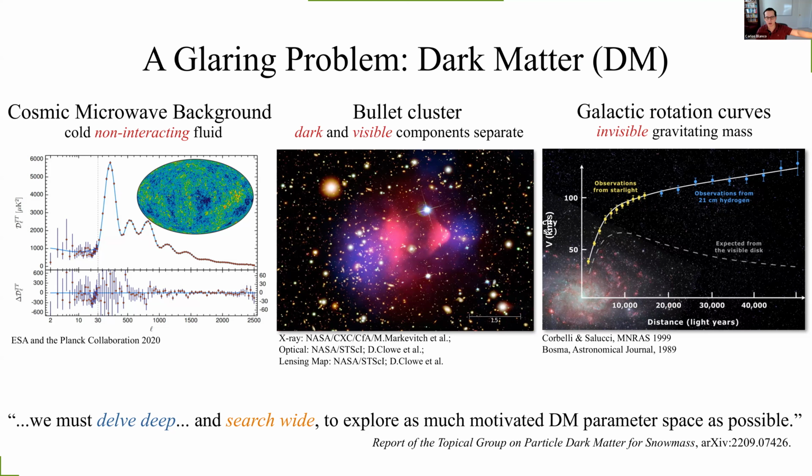If we then fast forward and look at scales that are much smaller than that, but still quite large, things like galaxy clusters, we find things like the Bullet Cluster here, this picture in the center, which is a canonical picture in dark matter. What's going on here is we can look at images and measurements of situations where two galaxy clusters have interacted.